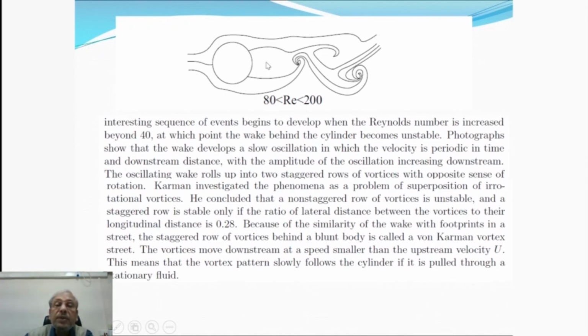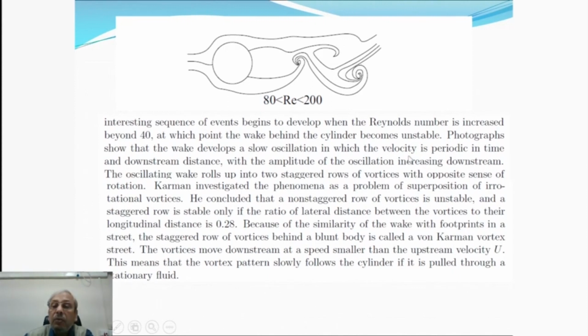So, velocity, for example, the v velocity, if you go along the symmetric plane, is supposed to be 0 because of symmetry. But since the symmetry is broken, vortices are shed, and this velocity becomes periodic. You will see periodic variation of this v component of velocity, from which we can also get some time period and some frequency.